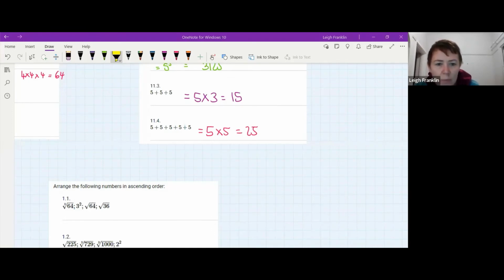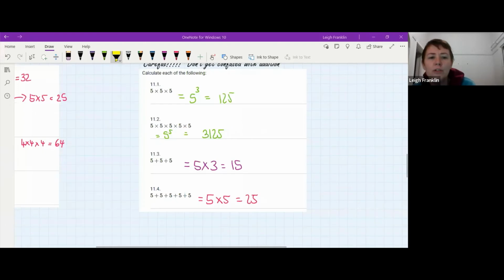Now someone said, ma'am, please. Yes, Tertia, hands need to go up before you shout out. 11.2, Ompulusa: 5 times 5 times 5 times 5 times 5. You are taking 5 and multiplying it by itself 5 times.